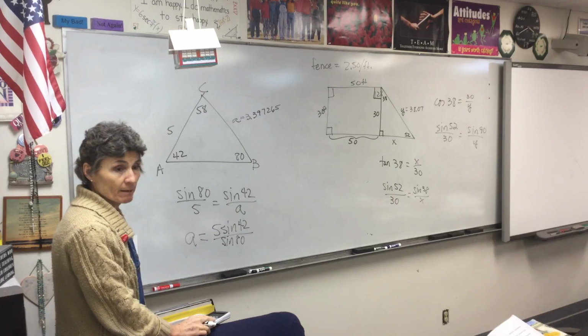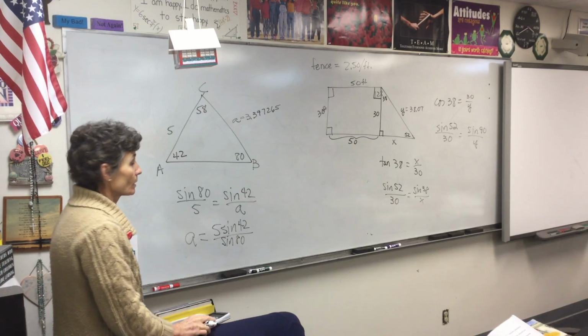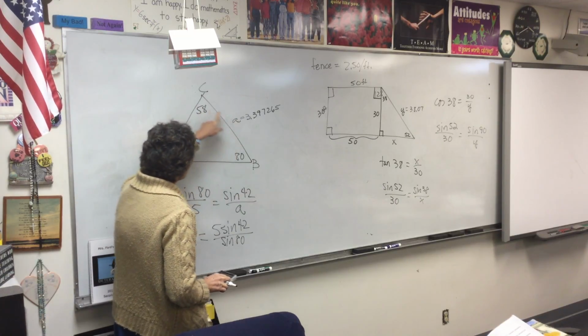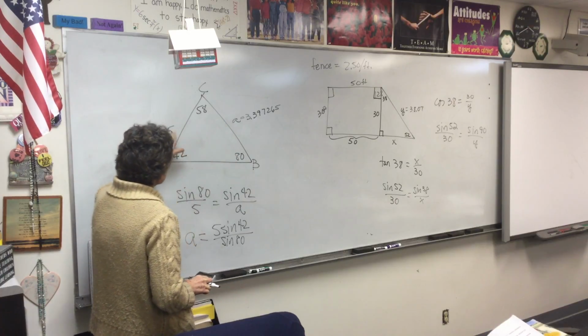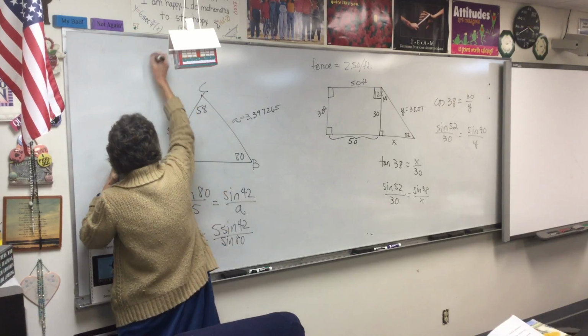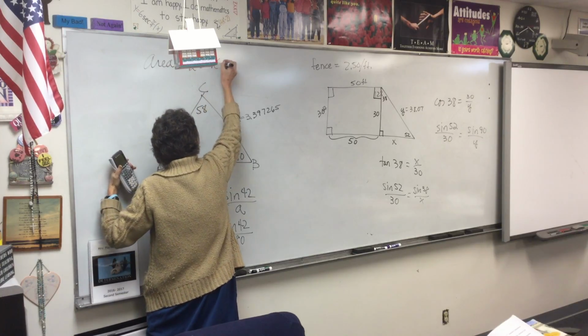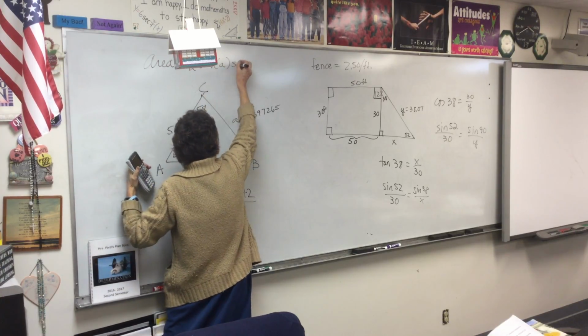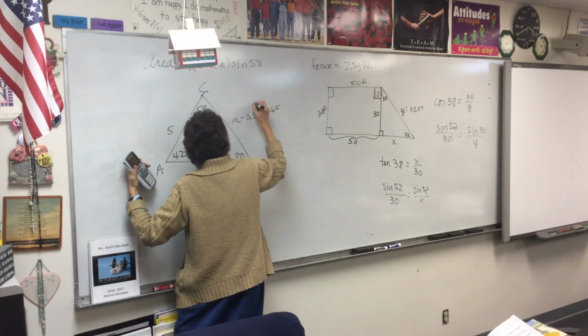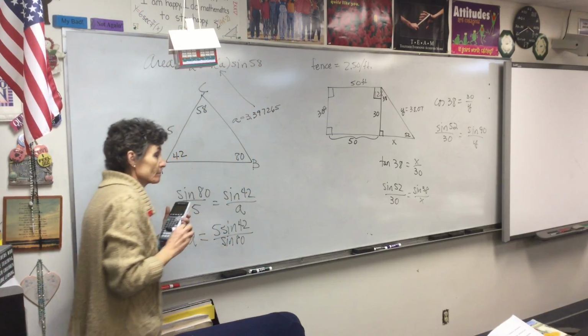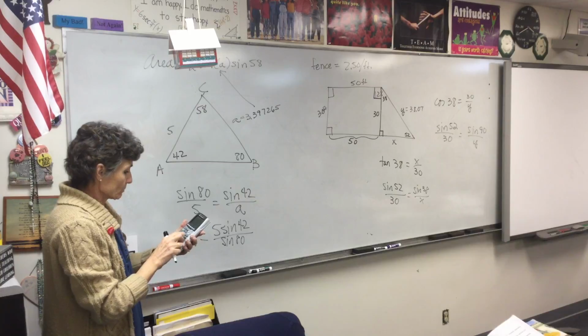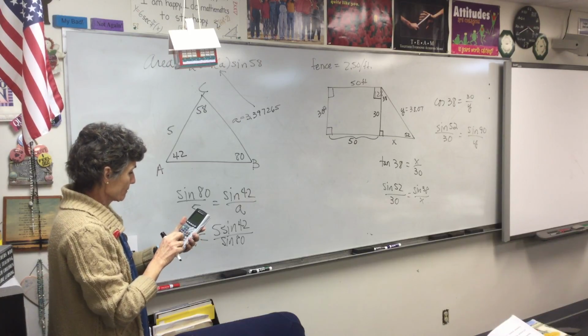Now how do I find the area? Now I go back, and right here is my combination. Right here are my 2 sides and my included angle. So the area is going to be 1/2 times 5 times A times sine 58. I have A right here.